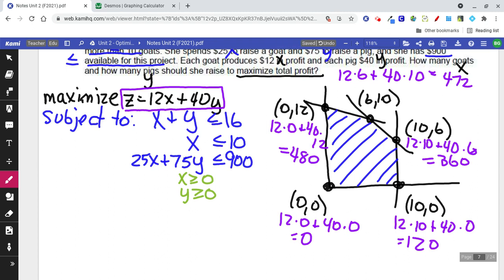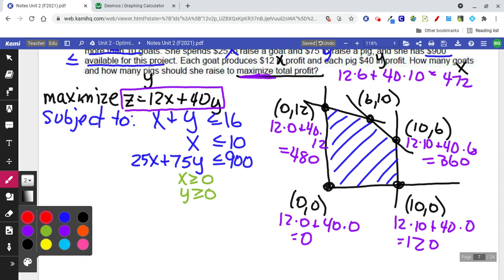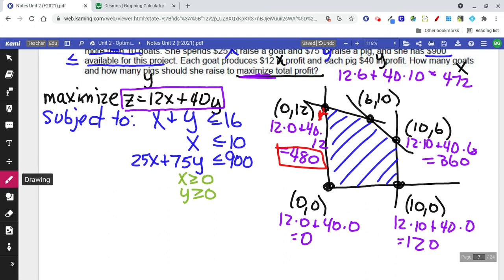So again, we're trying to maximize profit. So the maximum Z number is 480 at 0, 12. So put it in context.